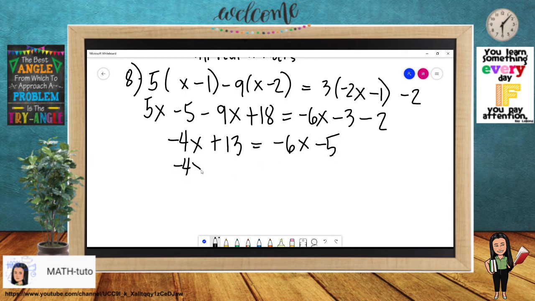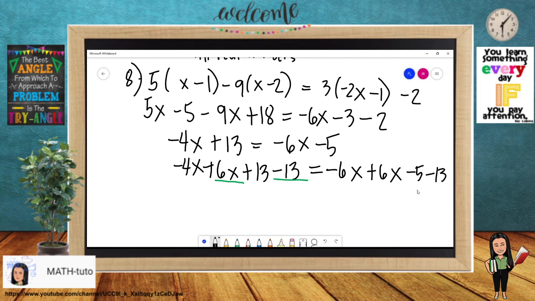Okay, negative 4x, we need to add 6x to both sides of the equation. So, plus 6x plus 13, and then subtract 13 to each side of the equation, minus 13. Underline ko lang uli yung mga dinagdag lang natin. Para, so that we know that that is what we are going to add on the other side. Negative 6x plus 6x minus 5 minus 13.